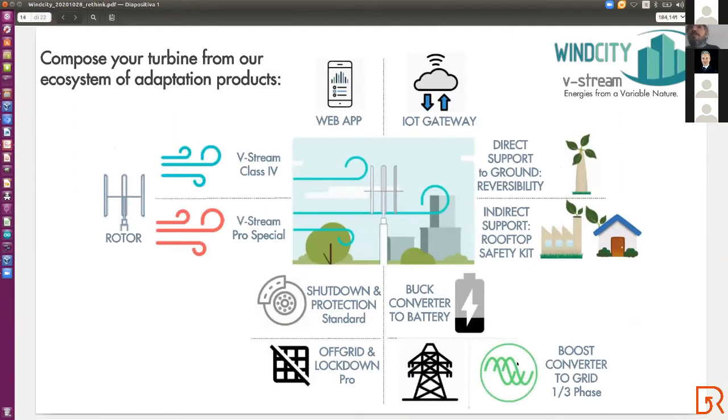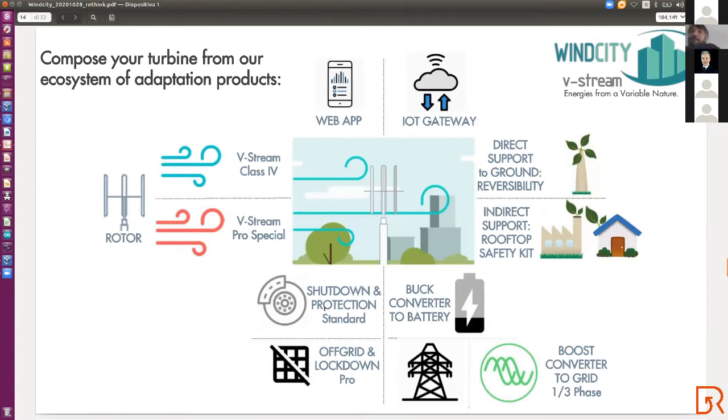You can compose your turbine from our ecosystem of adaptation products. So we can adapt to the class of wind on the left with the rotor. Then we can adapt to what you want to have as connectivity, just a web app or IoT gateway. We adapt as for the support you want: direct support to the ground, or an under support for the rooftop, we can do that.